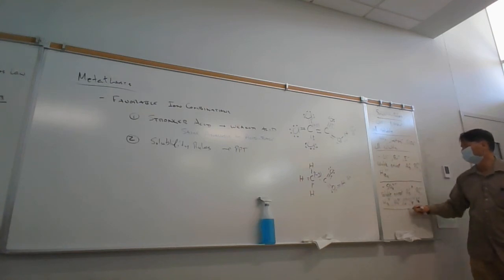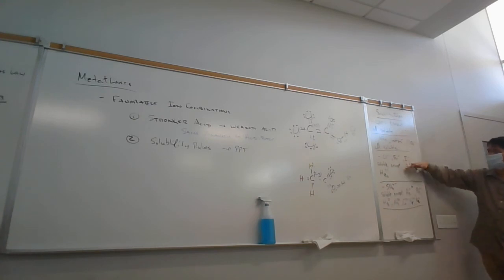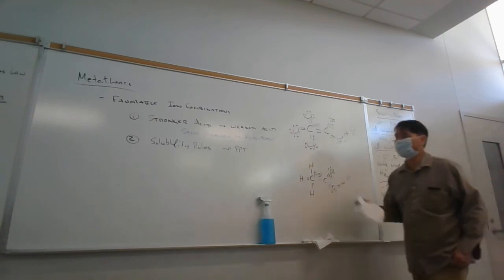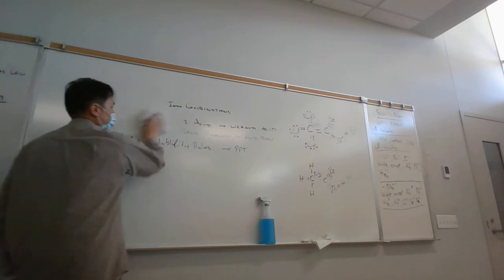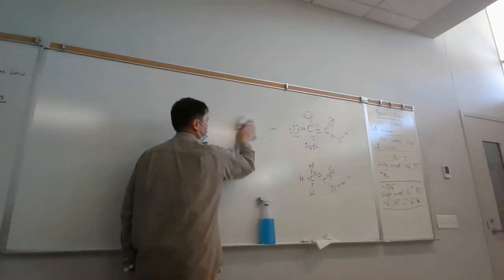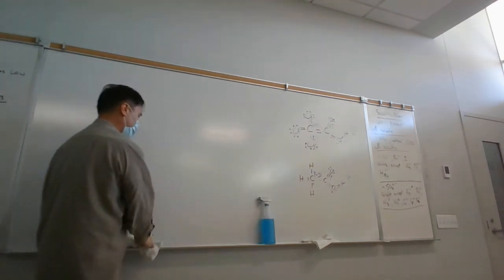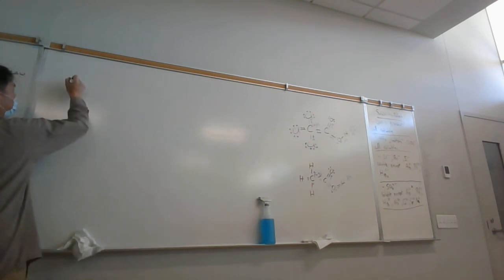Okay, so these are all the mostly soluble species, or all soluble or mostly soluble. Then the other half of the chart deals with the mostly insoluble species. And the mostly insoluble, we start off with hydroxide.